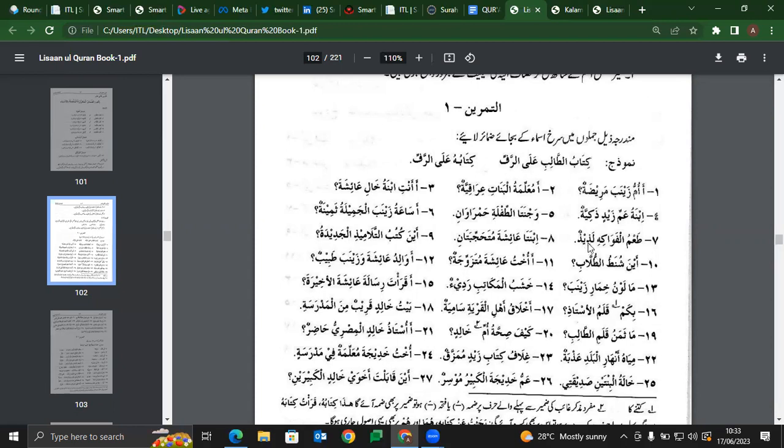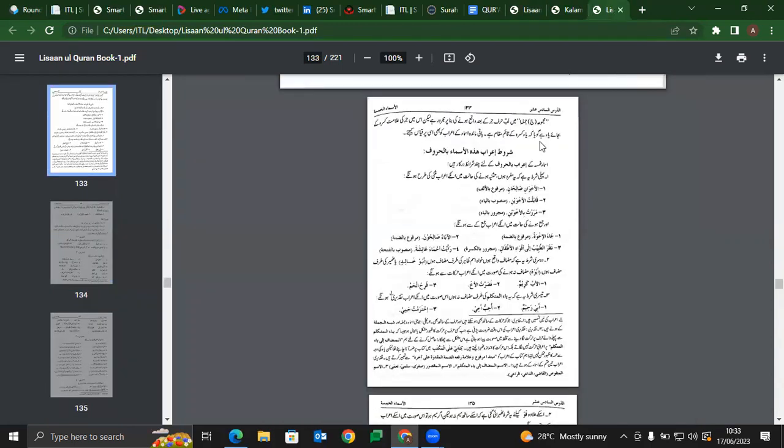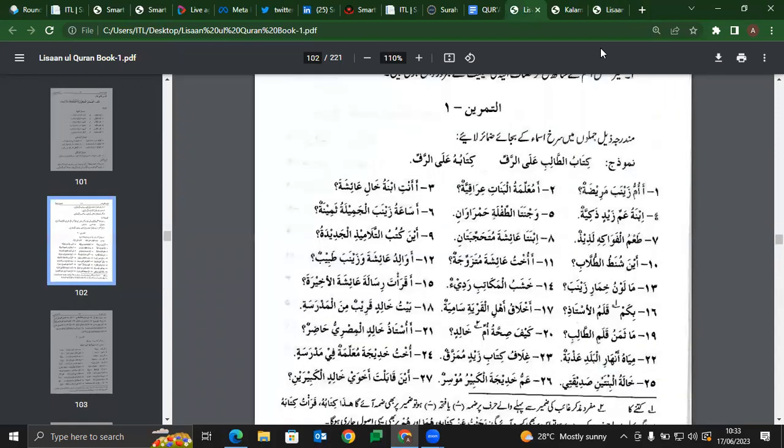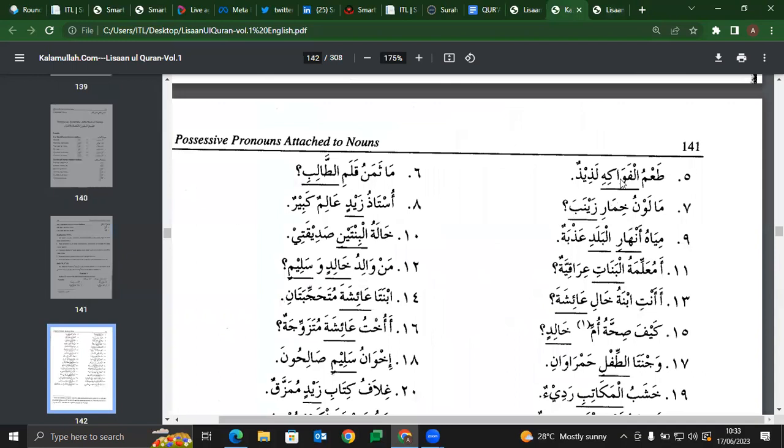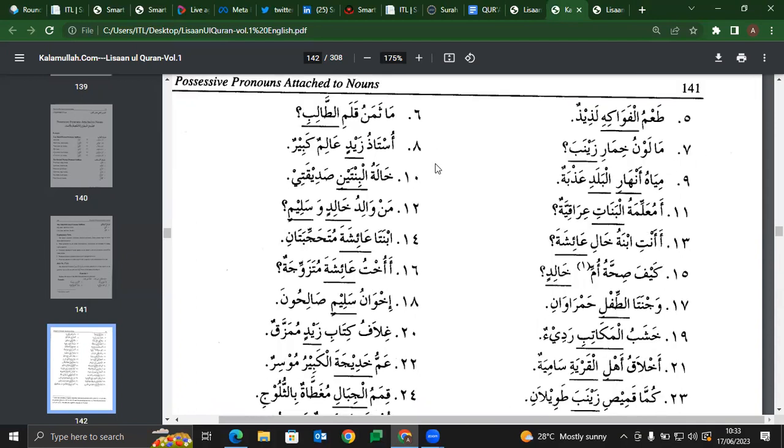The ha here is not referring to ta'amu. It's referring to a garden or something or a person. It cannot refer to palm. So this ha here is referring to something else. Its translation would be the taste of his fruit is delicious, or his fruit tastes delicious.